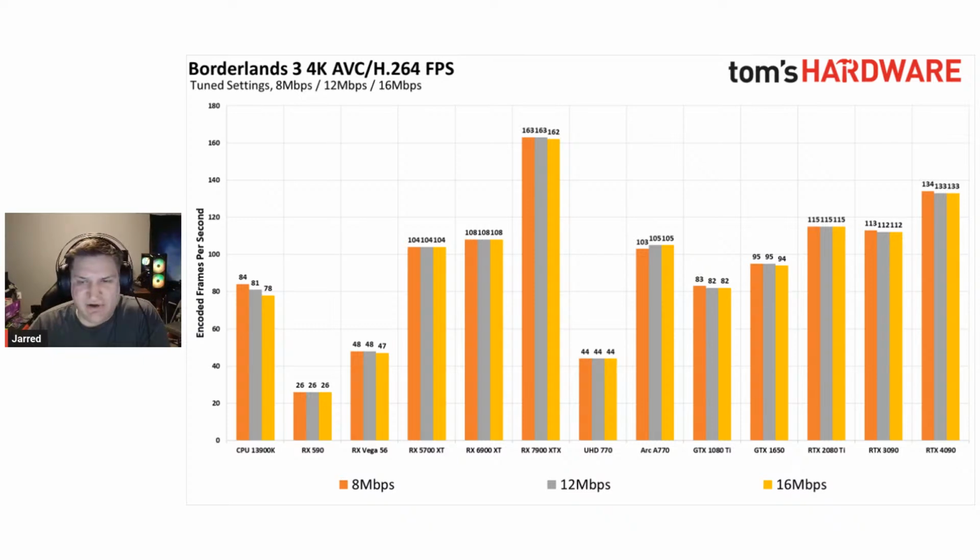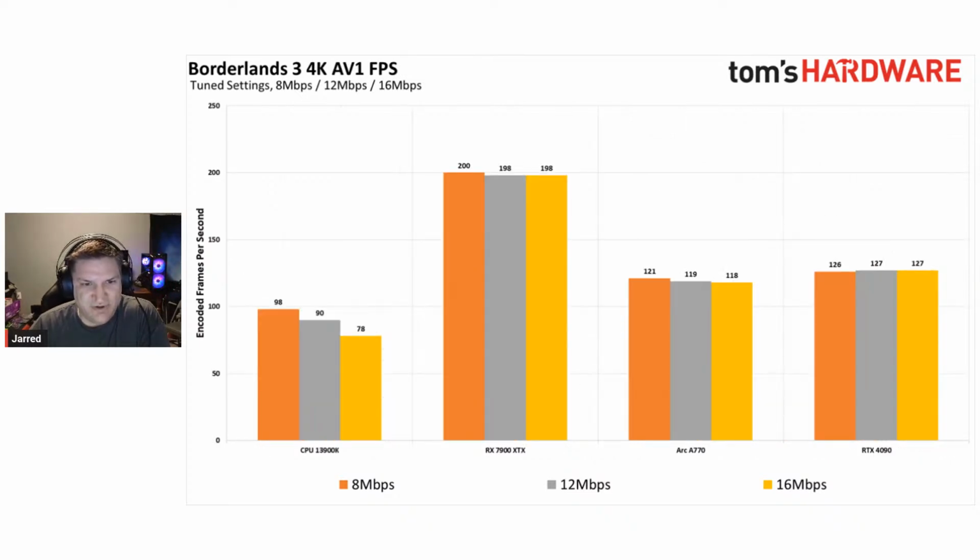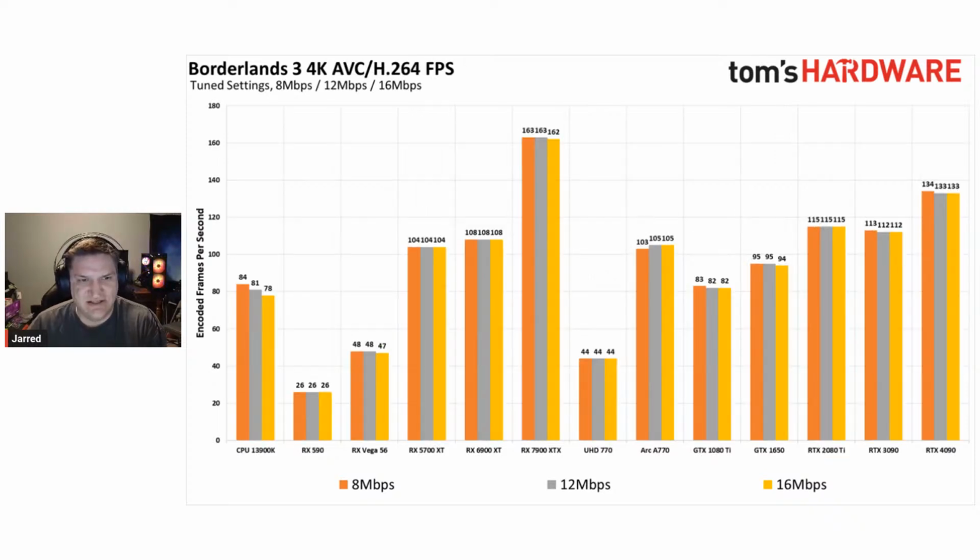They can all do 60 frames per second encoding at 4K with H.264 and also with HEVC. The CPU takes a huge hit in HEVC, which is weird, because if we go on to AV1, the CPU in AV1 encoding, 78 frames per second, worst case at 16 megabits. That's actually the same score it got for 16 megabits H.264.